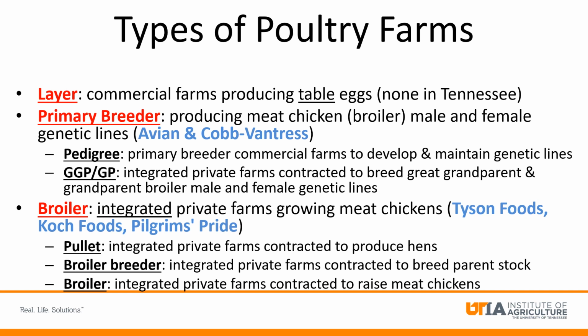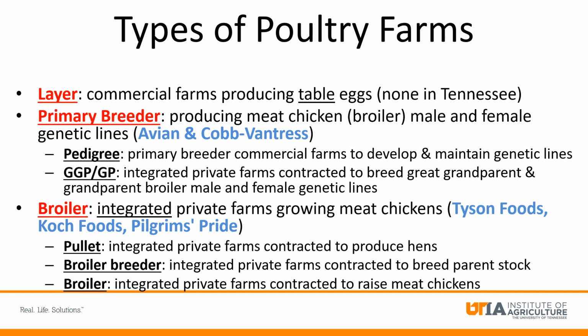So the primary breeders do contract with private farms to produce the grandparent and the great-grandparent stock for these breeder lines, and we do have quite a few of these farms in Tennessee. However, there's not nearly as many of these farms as there are farms devoted to the broiler industry.